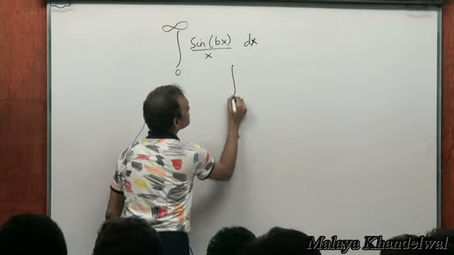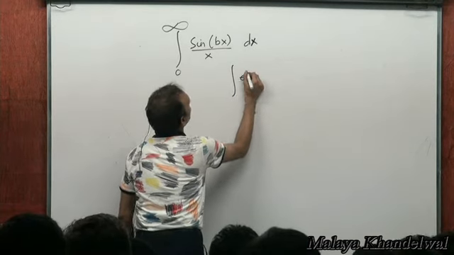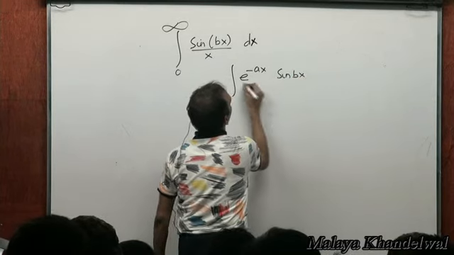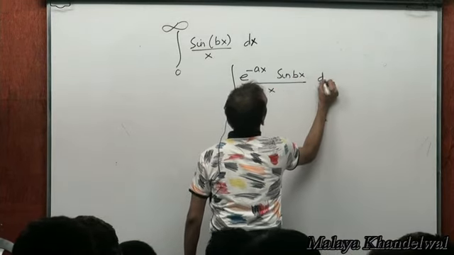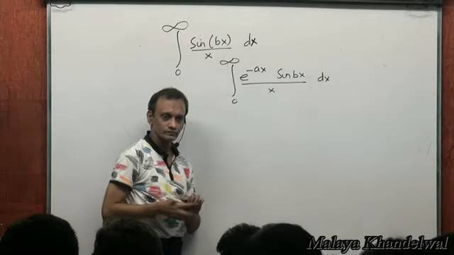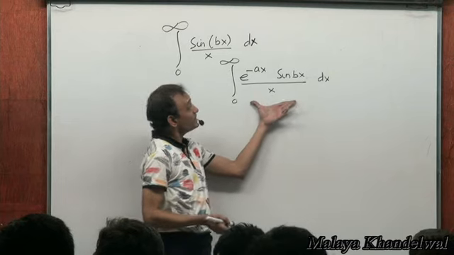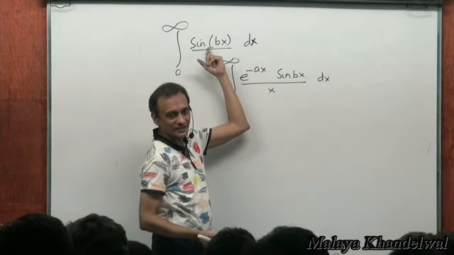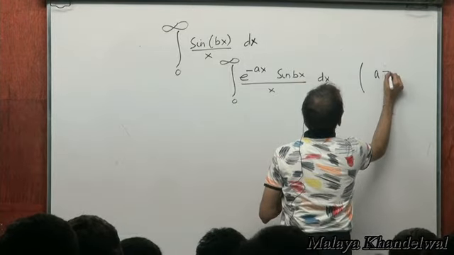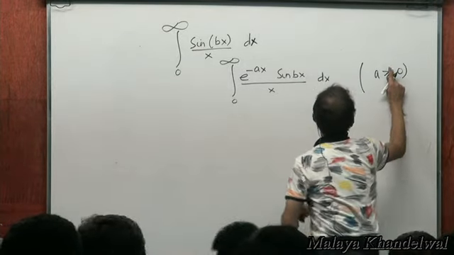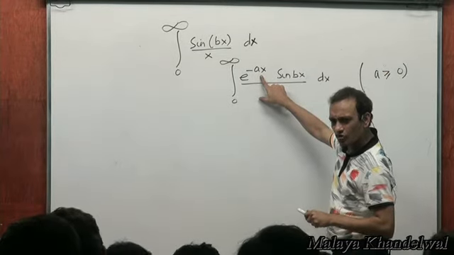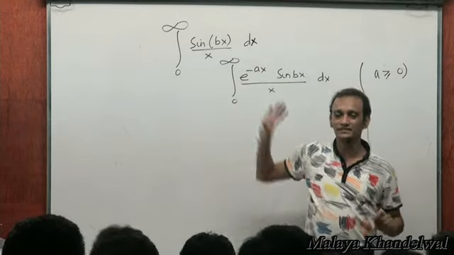They start with the integral of e power minus ax sin bx by x dx, 0 to infinity. Now if I can find this, then the value of this at a equal to 0 will give me this integral. And we'll assume that a is greater than or equal to 0.